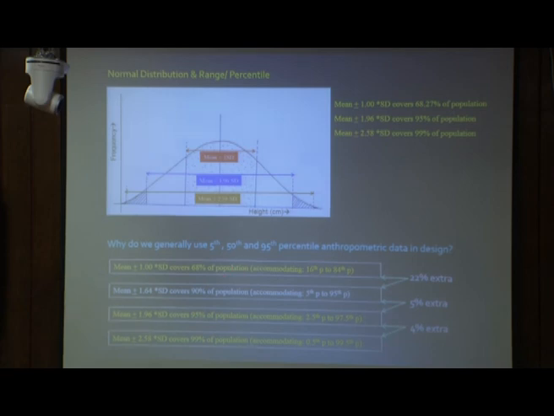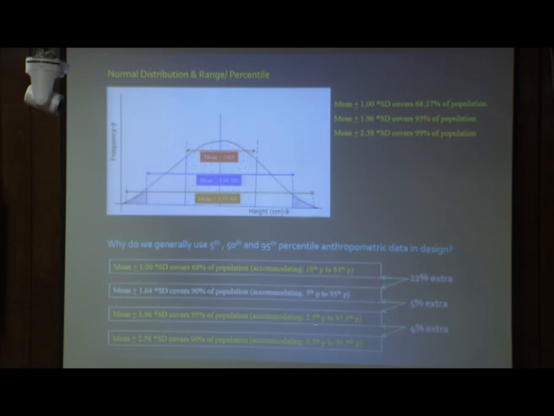So in that way, mean plus minus 1.96 SD covers 95% of the population. Mean plus 1.96 SD gives us the value of the 97.5th percentile data. Mean minus 1.96 SD gives us the value of the 2.5th percentile.